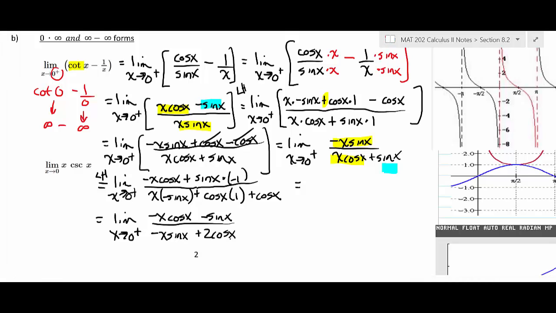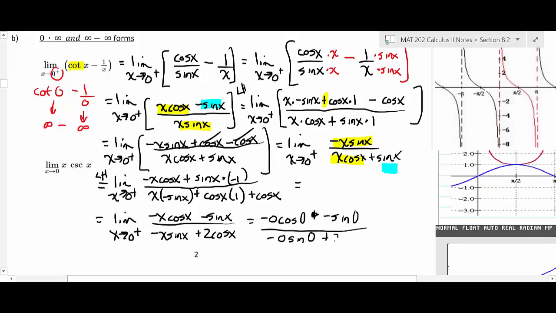I think we're good now. Yeah, we are, thank goodness. I hate L'Hopital more than 2 times. Sometimes L'Hopital's rule is just what you have to do. So now if we plug everything in, we're going to have negative 0 cosine 0 plus or minus sine 0 all over negative 0 sine 0 plus 2 cosine 0.